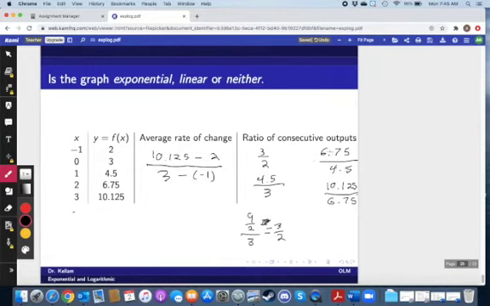Here, 6.75, that would be 27 over 4 divided by 3 over 2. Well, what happens? We would multiply by the reciprocal, so that would be 27 over 4 times 2 thirds.